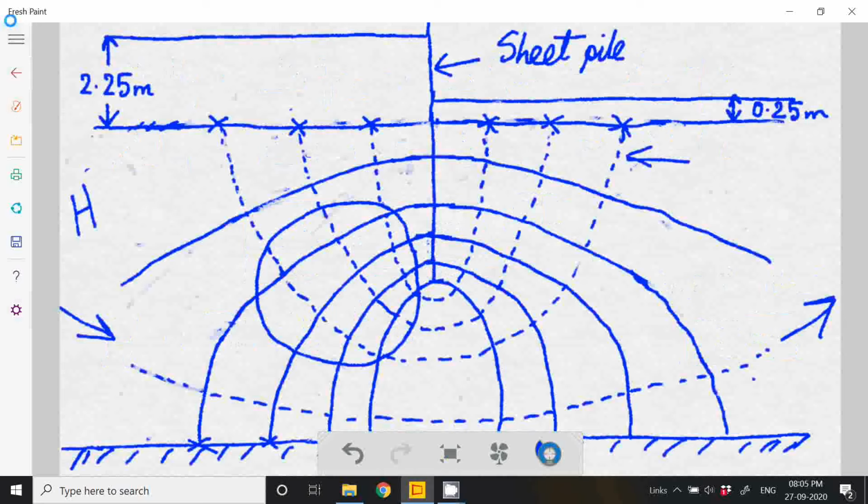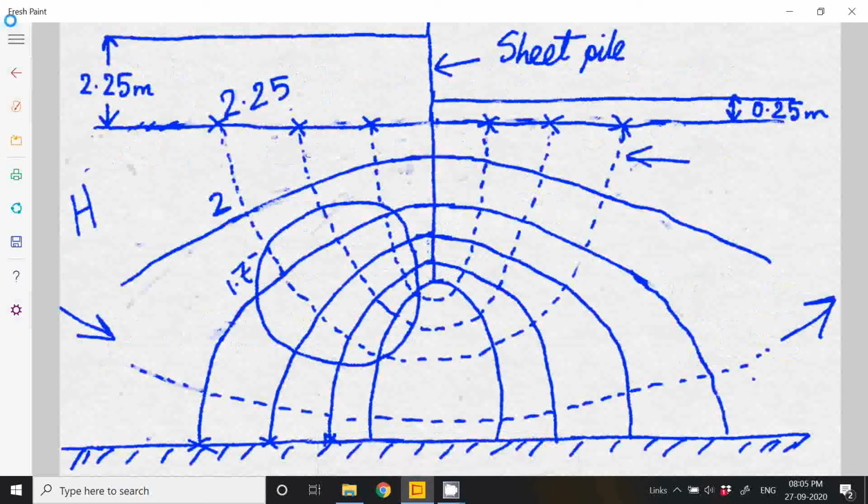So suppose here it is 2.25, here it is 2. So there is a drop of how much? 0.25, isn't it? And here it becomes 1.75. Again there is a drop of 0.25, isn't it?